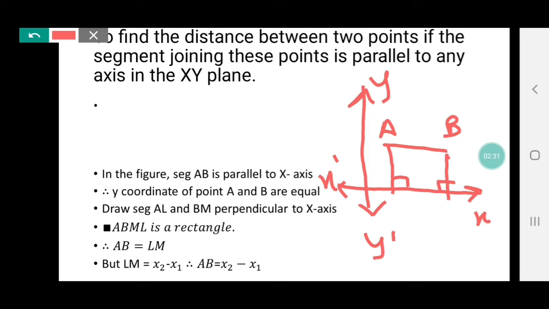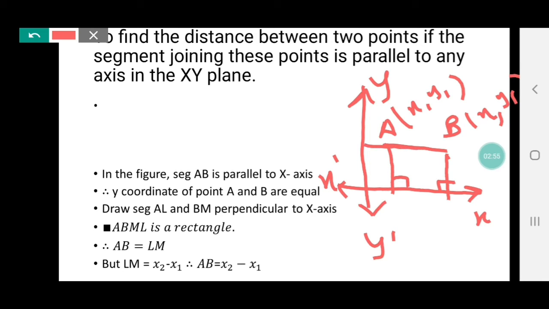The y coordinate of points A and B are equal. Now if I have to find the coordinate of point A, it will be (x1, y1). The coordinate of point B is (x2, y1). Why?